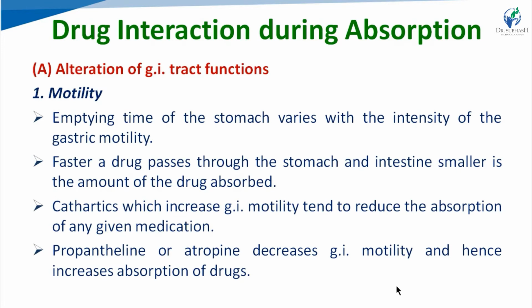So first, alteration of gastrointestinal tract functions. If we are taking two or more drugs, there will be an interaction in the GI tract, and due to that the absorption of a particular drug will decrease in the body, and this will reduce or prevent the pharmacological effect of the drug.